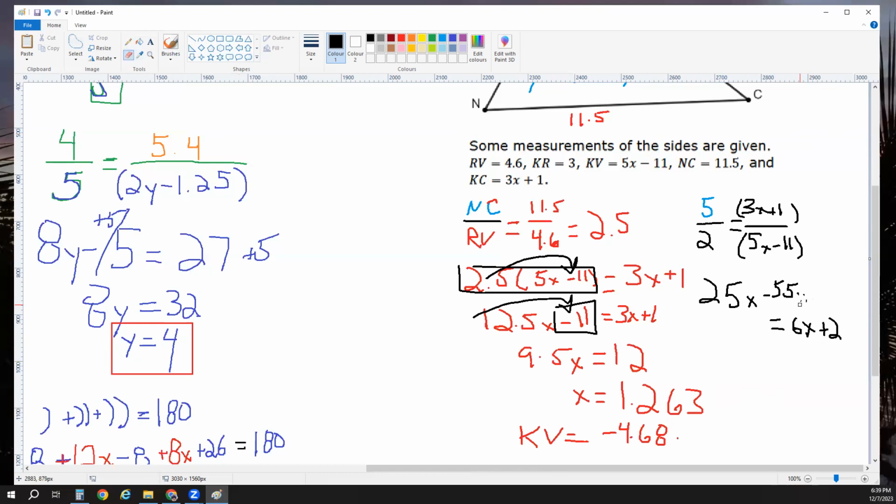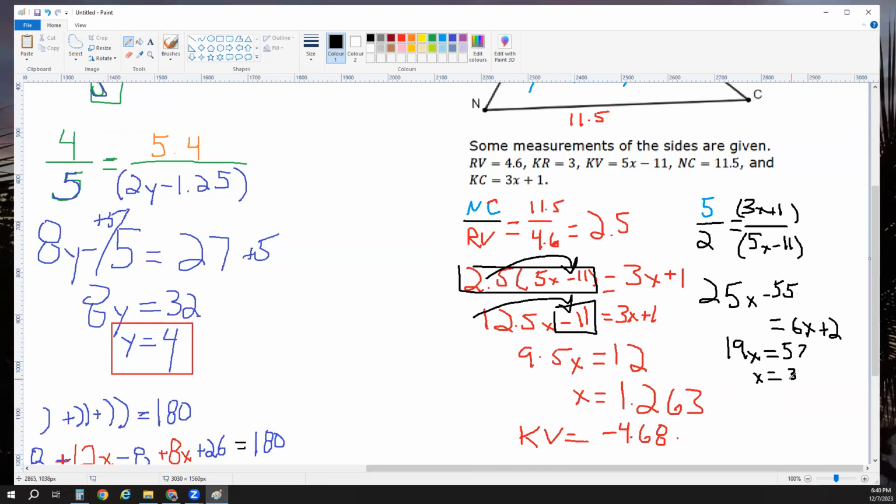Okay. So now I'll take my variables and keep my variables positive. So that's going to be 19x equals, and then I'm going to take this and put it on the other side. 19x is going to be equal to 57, and x will be equal to 57 divided by 19, which equals 3.